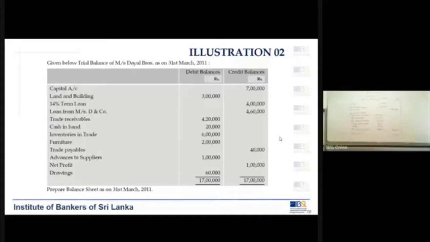Based on that, you need to do the balance sheet of this particular business. Can you give it a try?